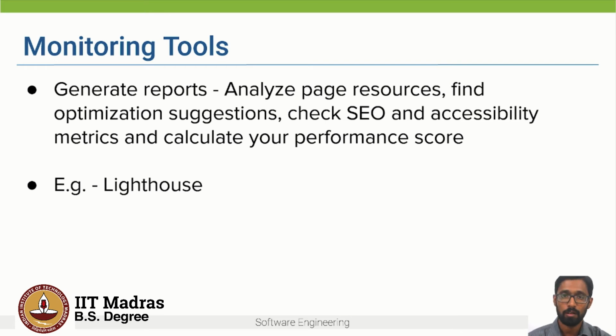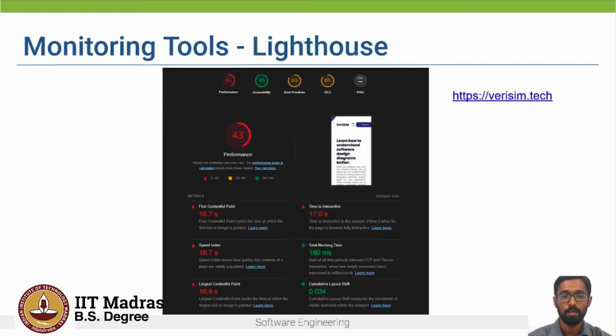You can install it as a Google Chrome extension, and you can try it out and check the performance scores for various websites, right? So this is an example of the Lighthouse monitoring tool.